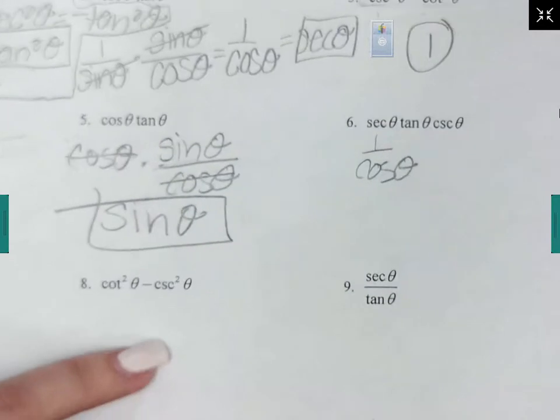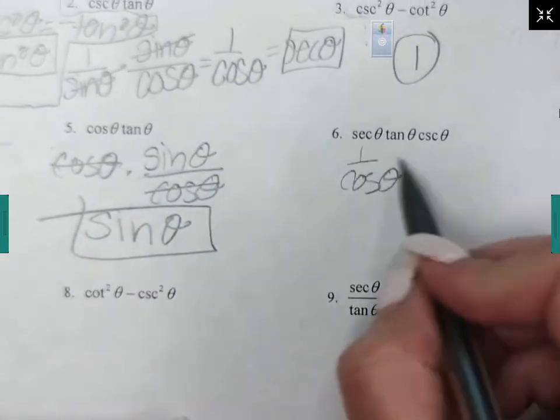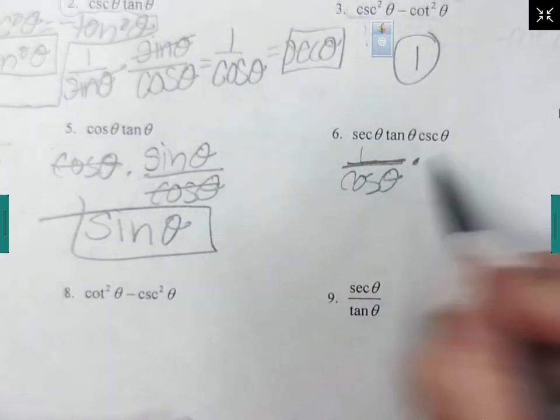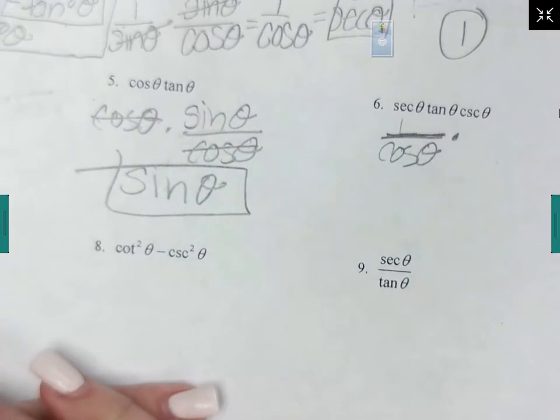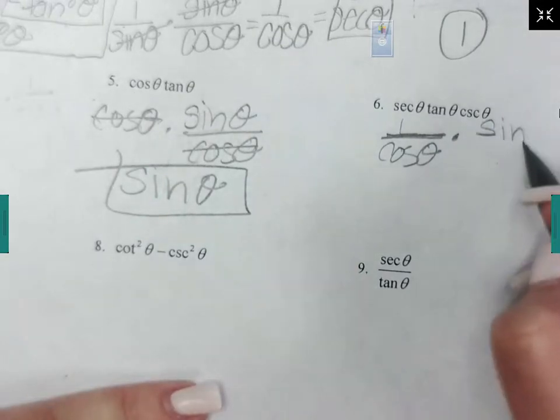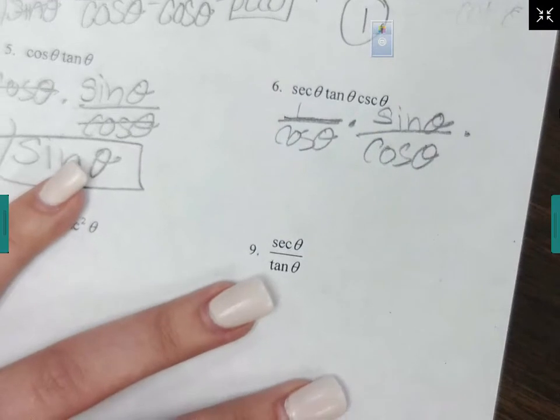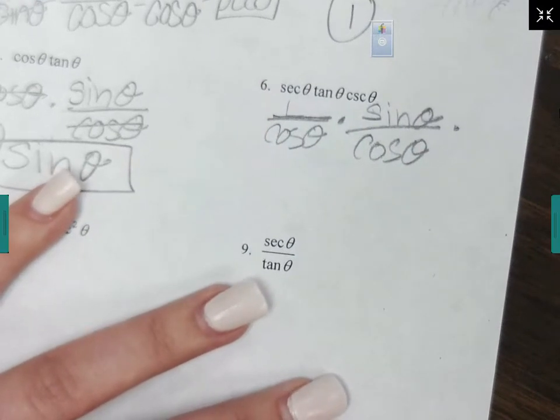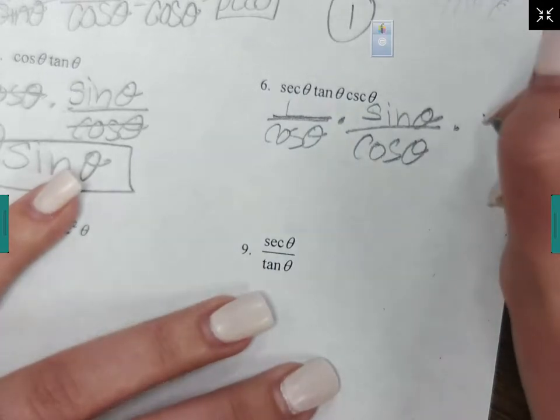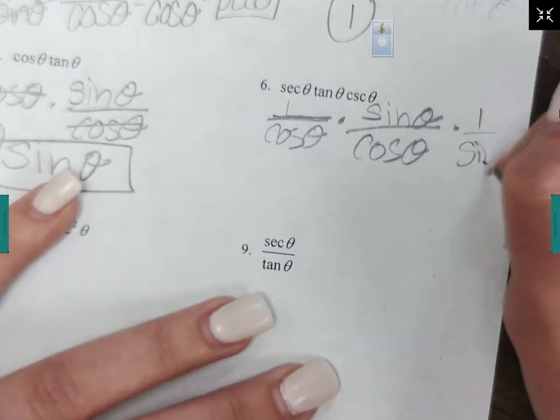The next problem we're going to do is number 6, since we never finished it. On number 6, how can we rewrite tangent? The sine of theta over the cosine of theta. And how can we rewrite the cosecant of theta? 1 over the sine of theta.